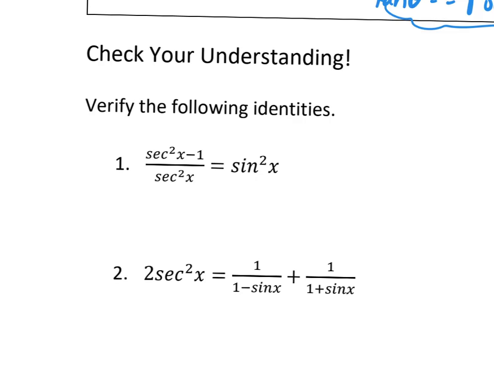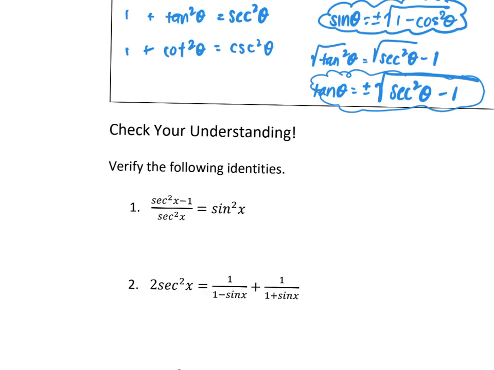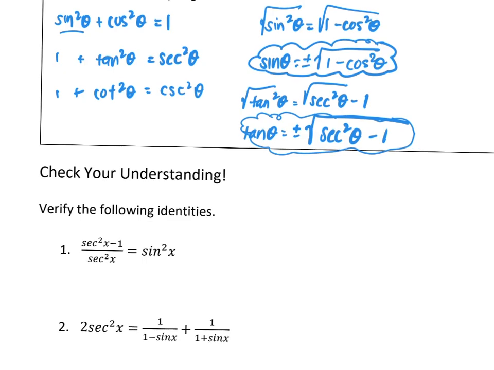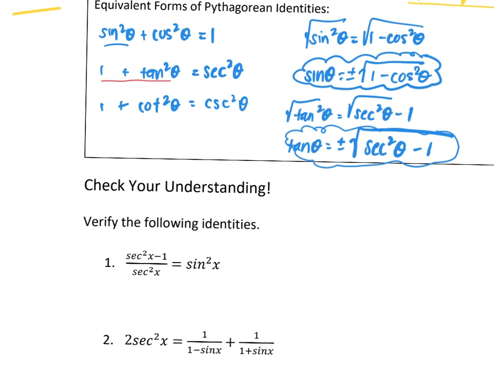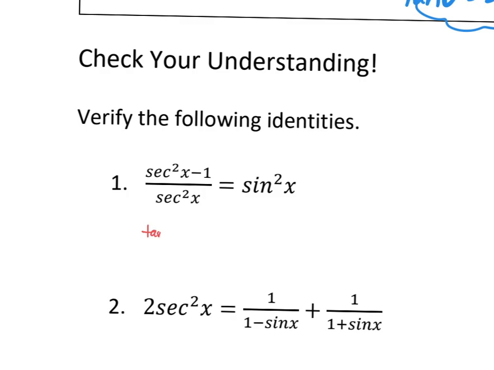Our first problem. Secant squared x minus 1 divided by secant squared x. Well, secant squared x minus 1 looks a lot like this Pythagorean identity that we wrote out already, okay? If I subtracted 1 from each side, secant squared x minus 1 would be equal to tangent squared x.